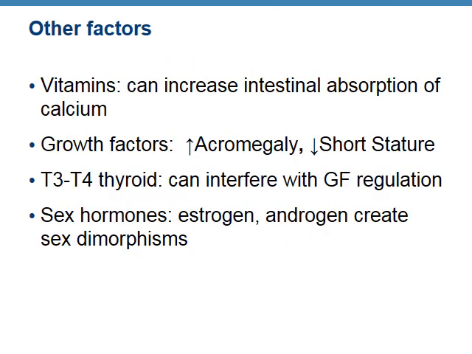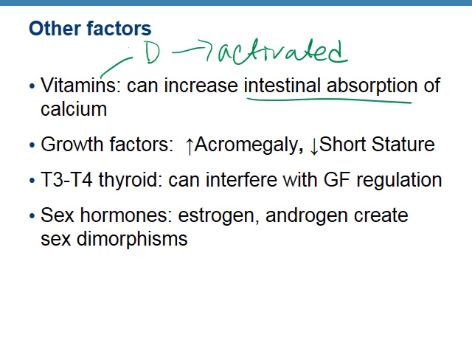Some other factors, we've talked about vitamins like vitamin D, and we said that vitamin D has to be activated. And when vitamin D is activated, then you can have intestinal absorption of calcium. Growth factors as well. So we release hormones that activate growth factors. If you have increased growth factors and you're an adult, that can cause something called acromegaly.